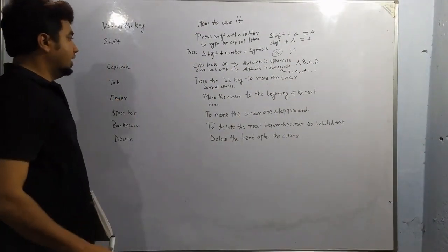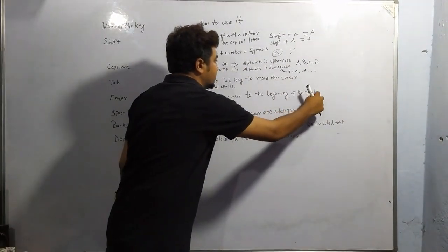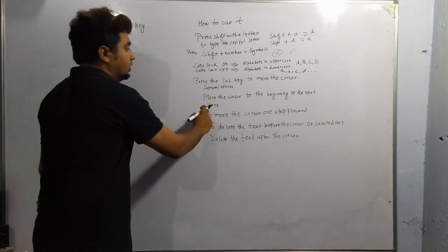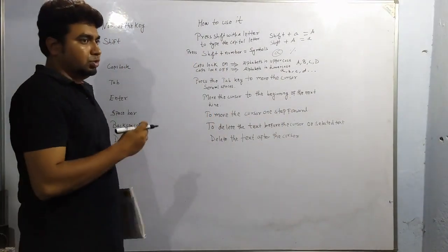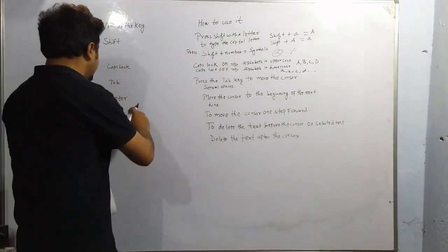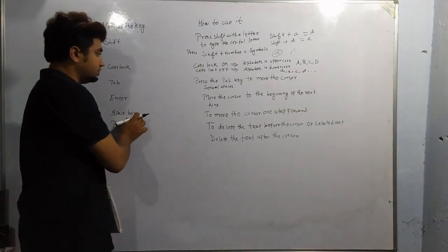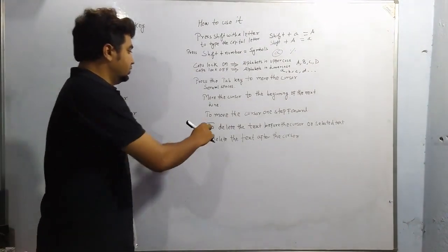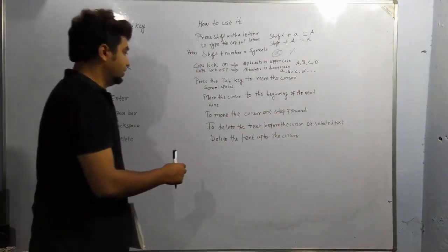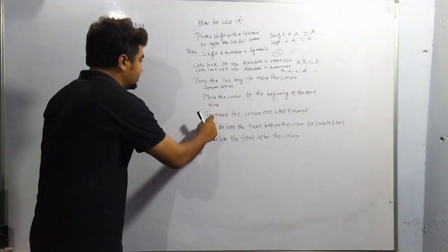Enter key. The enter key moves the cursor to the next line. If we want to go to the next line, we press the enter key. Space bar. The space bar is used to move the cursor one step or one character forward.